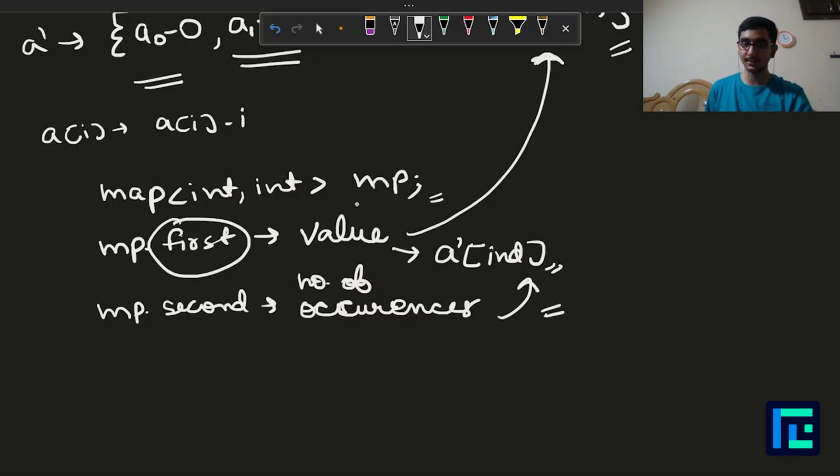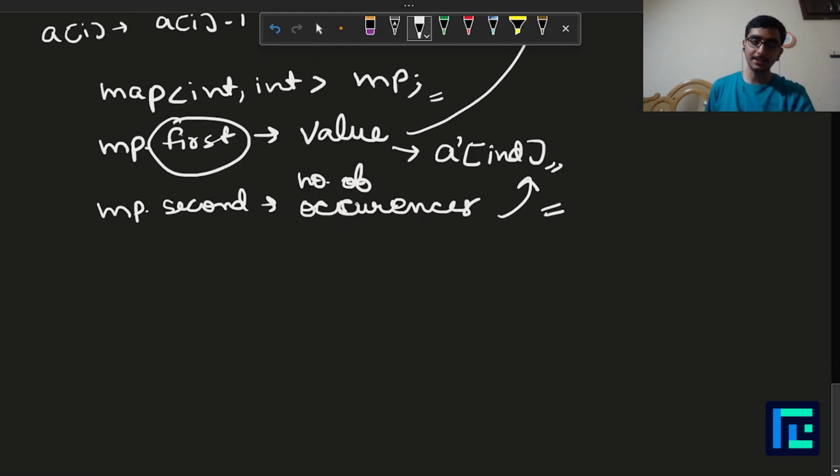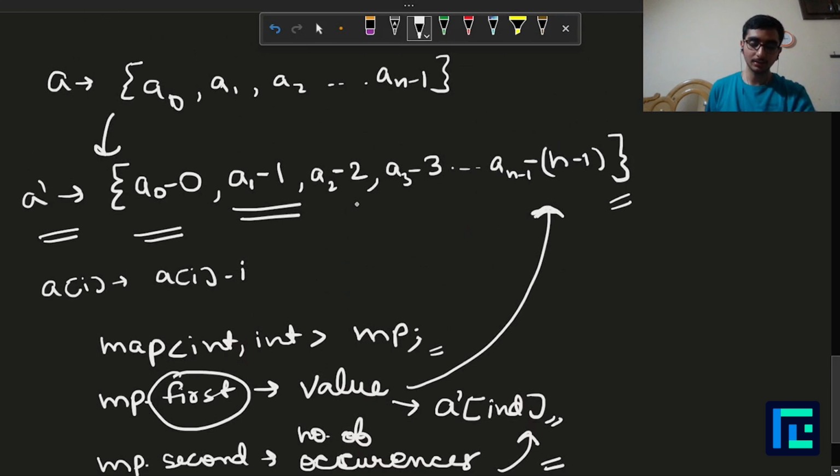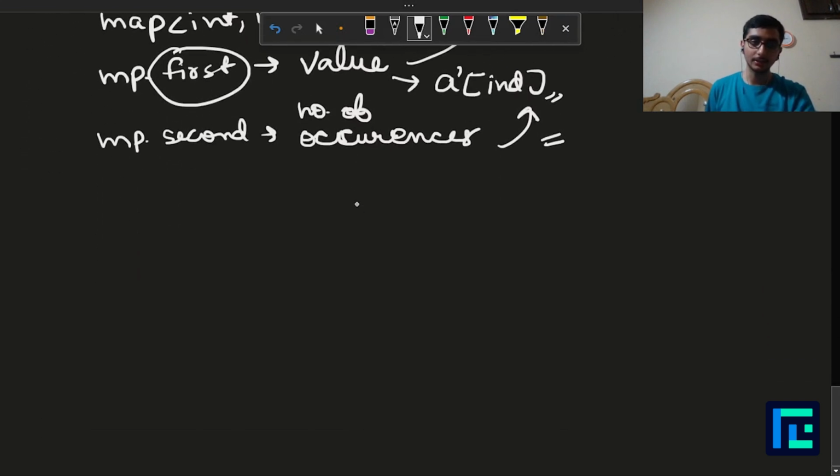And now let's see how does this help. Let's say in this new array A dash, I had two fives. So I had a 5 here and I had a 5 here. What does this mean?